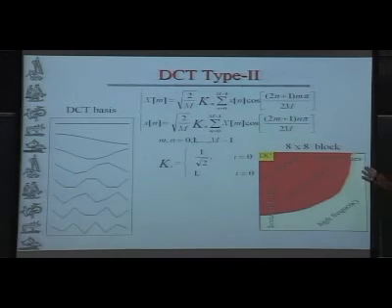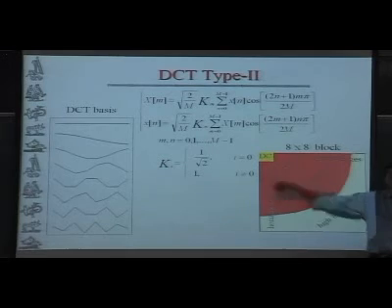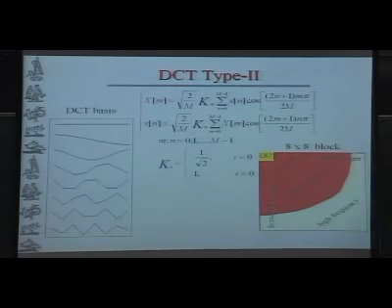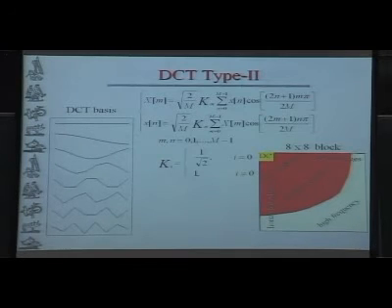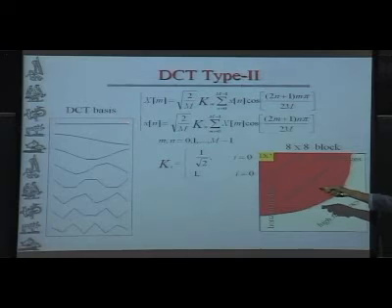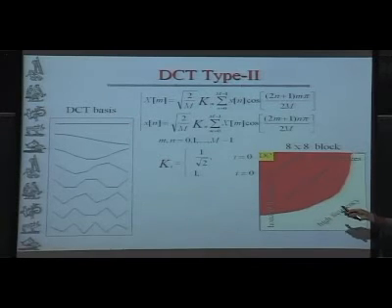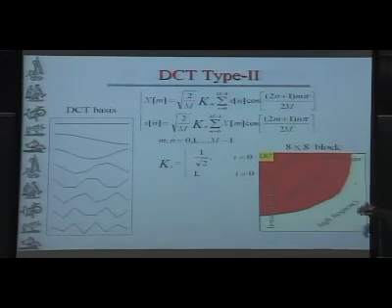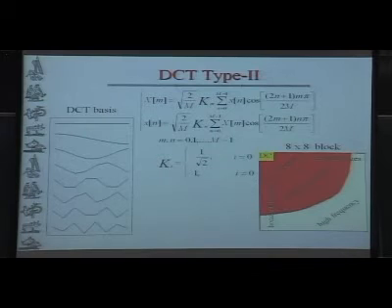Typically the behavior is like this. This is called DC, or the average of the block. The first basis function is all frequency 0, so all the samples get weighted the same way.